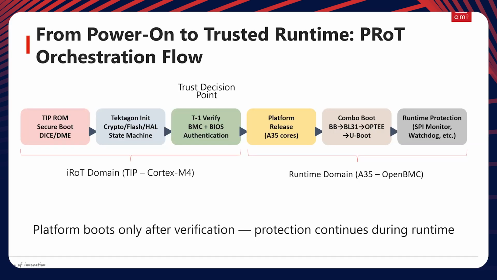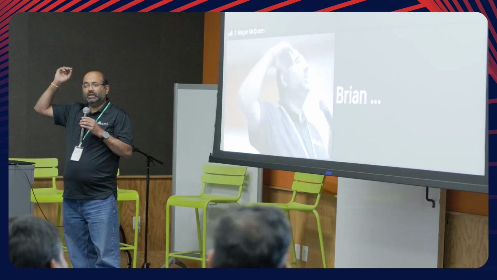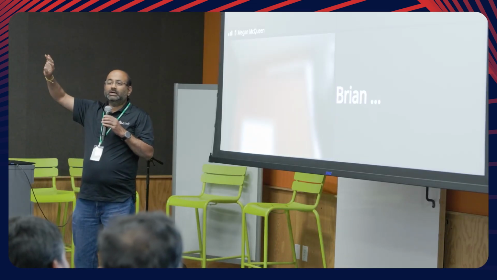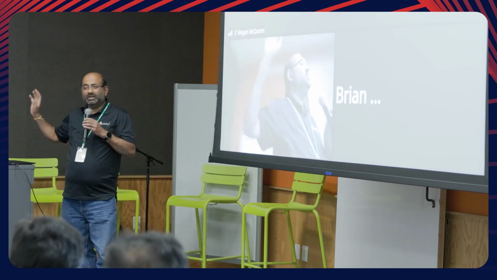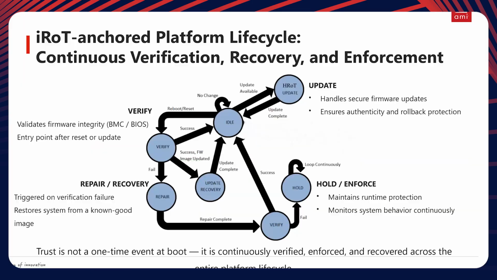Once it has verified that the firmware is authenticated and releases it, the rest of the system is taken over by the A35 ARM SoC. This is where it loads the boot block, the BL31, OP-TEE and the U-boot. And once U-boot is loaded, it enables the SPI filtering and starts executing the Linux kernel, and the BMC is up and running.